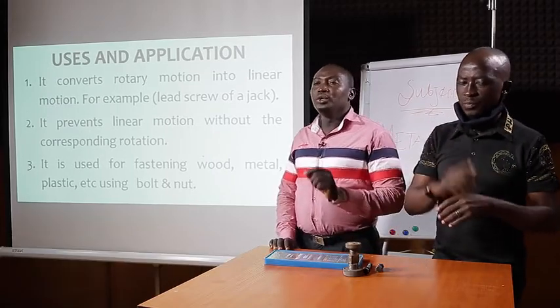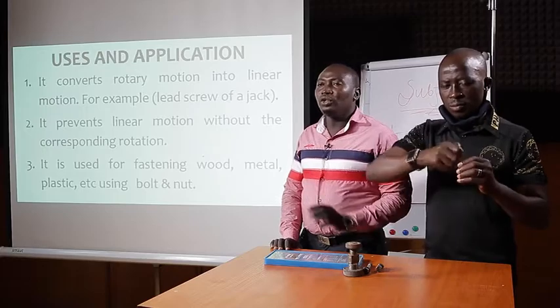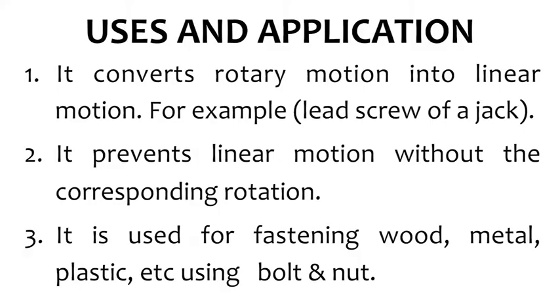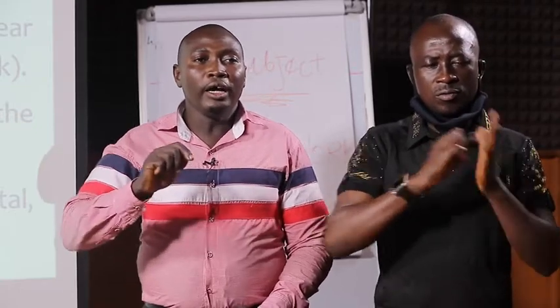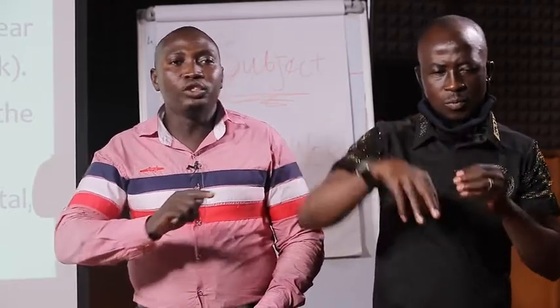Number one use or application of screw thread is that it converts rotary motion into linear motion. For example, the lead screw of a jack is one example of rotary motion that is converted to linear.